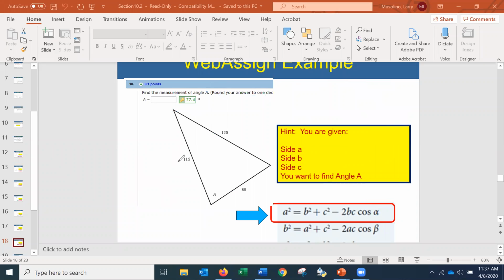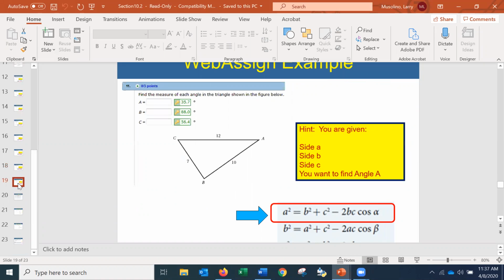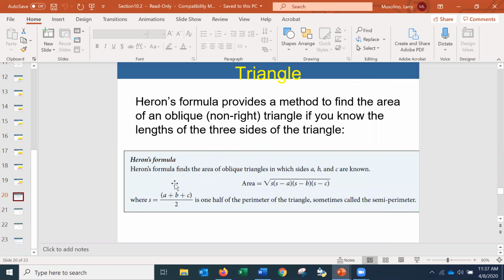All right, folks, let me go and talk about one more item, which is this idea of finding the area of a triangle, but now you don't know any angles at all. So imagine you have a triangle and all you know are the lengths of the sides.